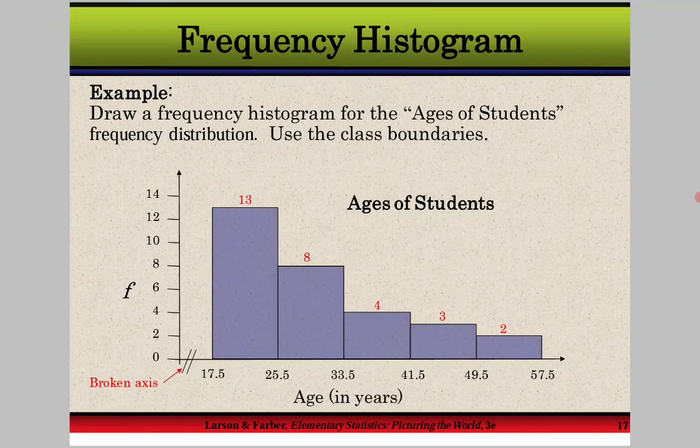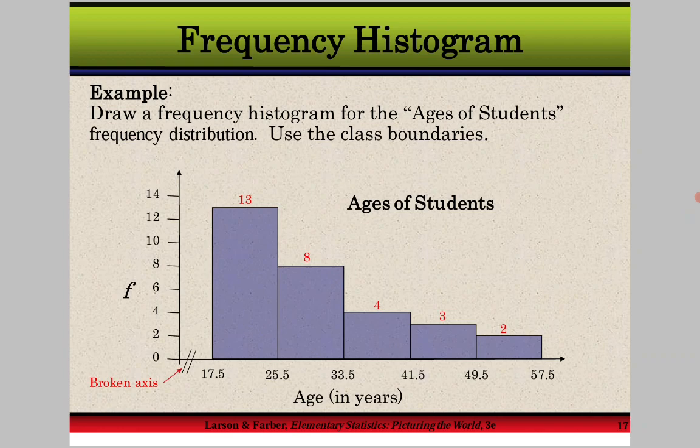Next is frequency histogram. Draw a frequency histogram for the ages of students frequency distribution. Use the class boundaries. In this diagram there are two axes, the x-axis and the y-axis.